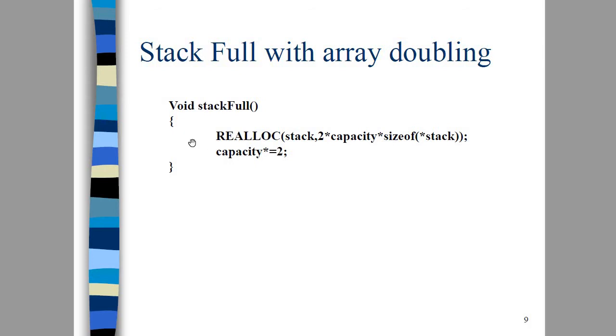The pointer name is stack, with 2 into capacity of the stack size, and each element is of whatever element type, whether integer or floating point, which we can mention here. Then we update the capacity equal to capacity into 2. In this way we can double the array size.